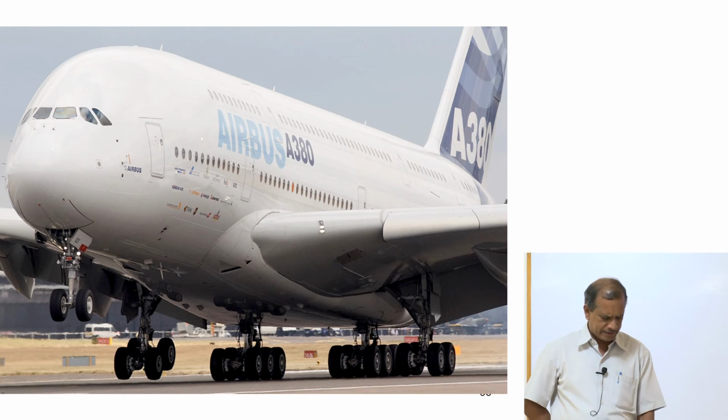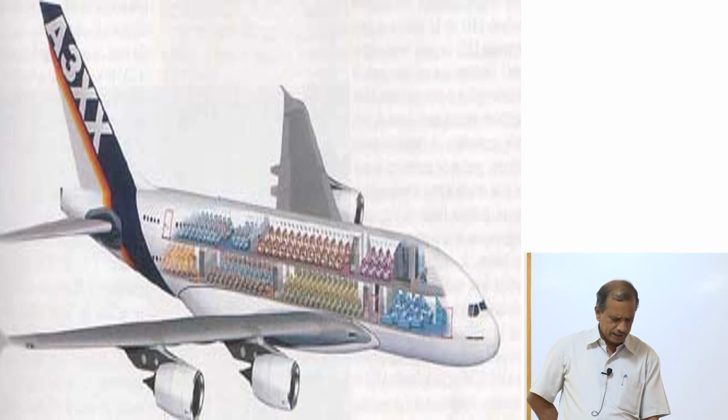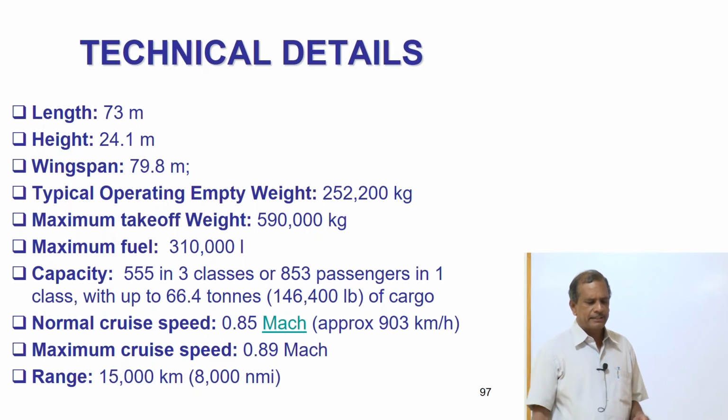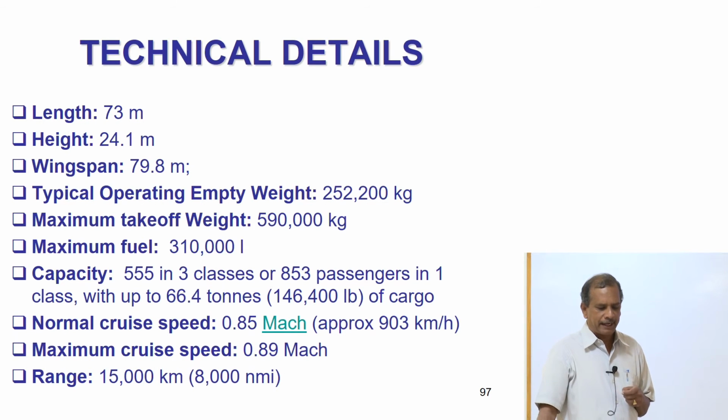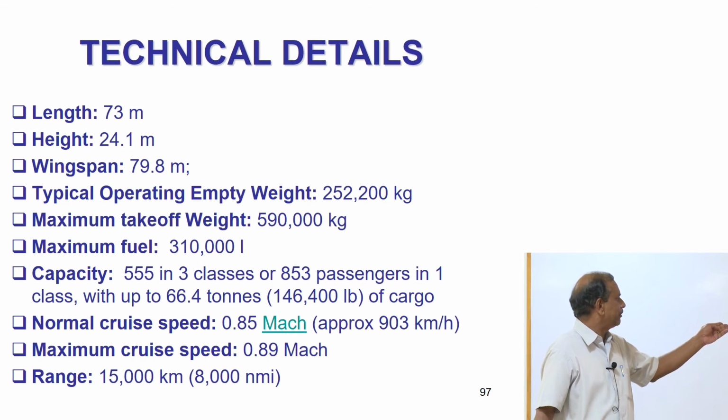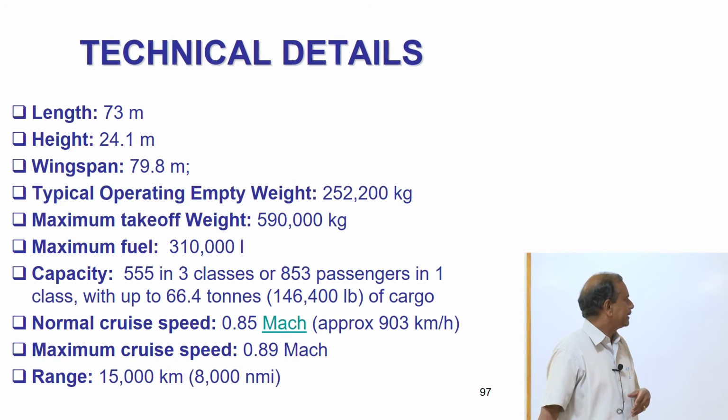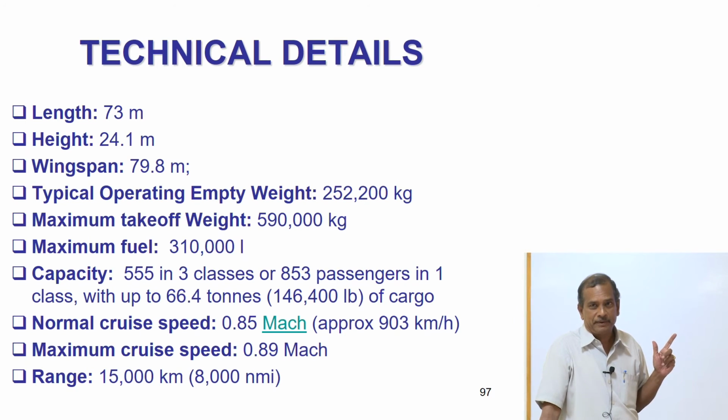For example, the Airbus that has been constructed, seating capacity is more. The challenge before you as a transport engineer is that the capacity of this is 555 in three classes or 853 passengers in one class. But the issue that you should see is that the maximum takeoff weight is 590 tons.